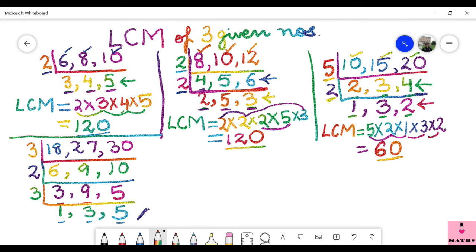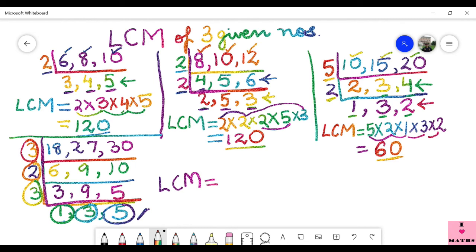So our sum is over and we will calculate the LCM by multiplying the numbers which are forming L outside this big L. So 3 multiplied by 2 multiplied by 3 multiplied by 1 multiplied by another 3 and multiplied by 5.